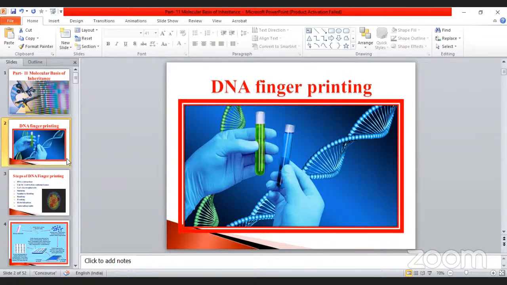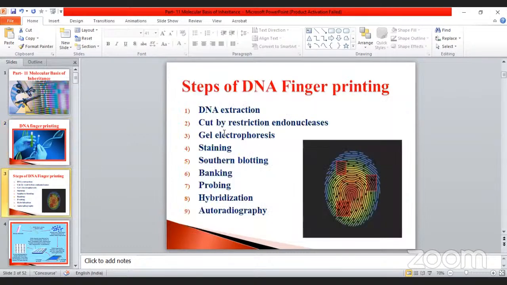So what are the steps involved in the DNA fingerprinting technique? Here they have given us 9 steps. So don't forget, my dear students. First of all, collection of sample. This is very, very important.